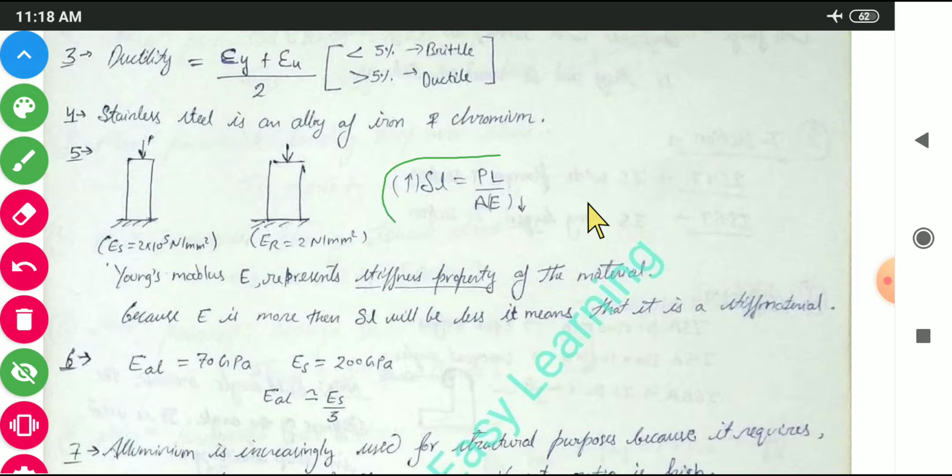When E decreases, deformations are more, or vice versa. So if E is more, then delta L will be less. It means that the material is stiff.